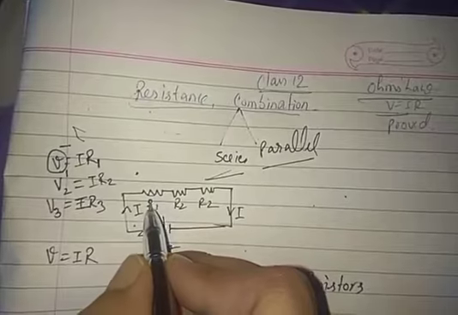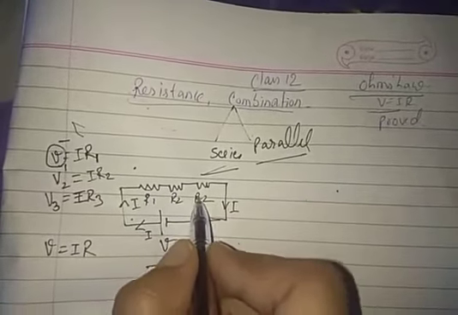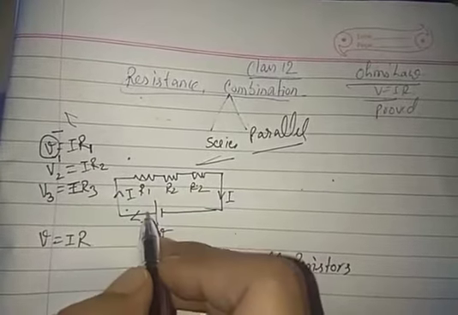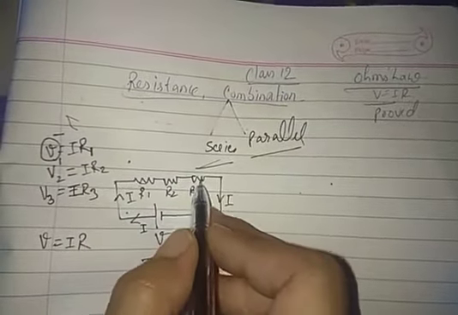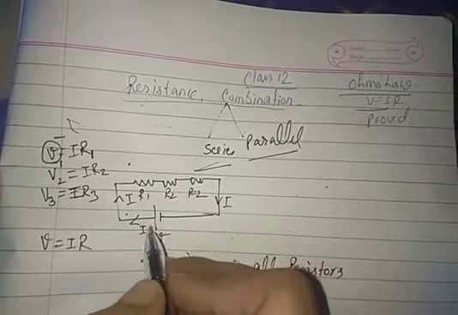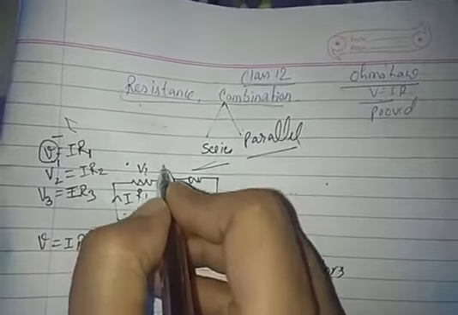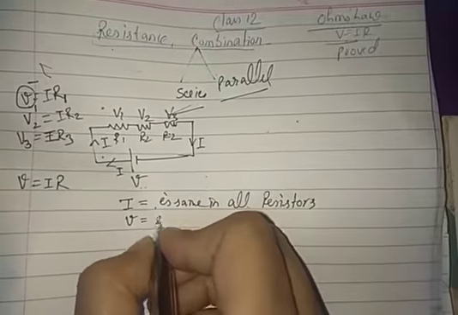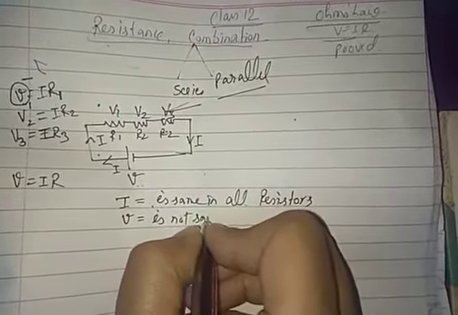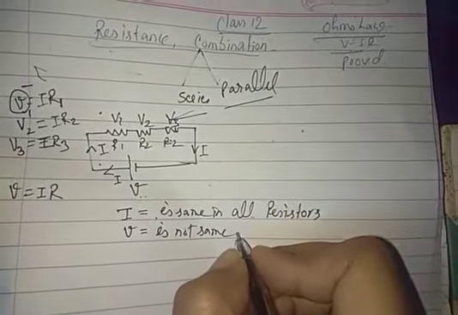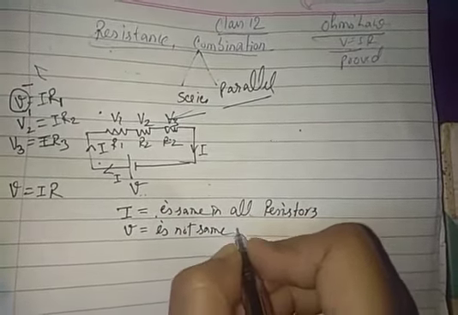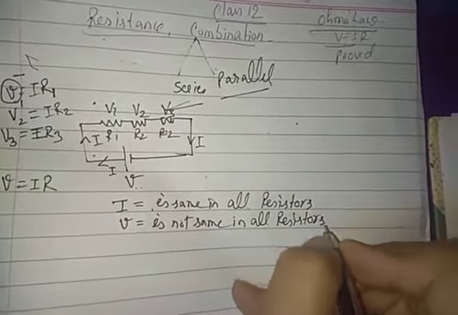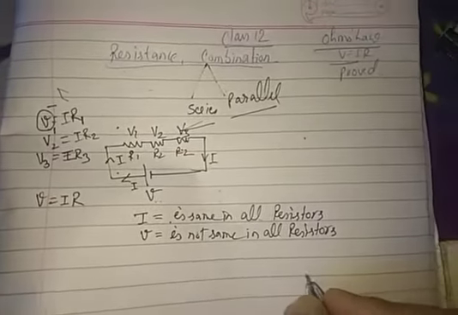If the resistances were equal, then definitely the potential difference would be the same in all the resistors. But as the resistance values are different, we will have different potentials V1, V2 and V3. So V is not the same in all resistors in series combination, while I is the same in all resistors.